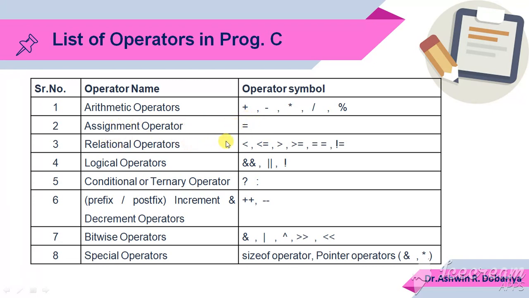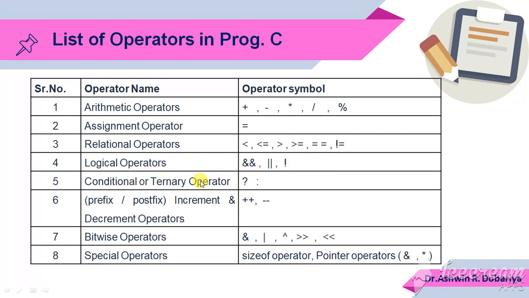Then the relational operators, less than, greater than, equal to, all check the relationship between two operands or two variables. Then the logical operators, and, or and not. These logical operators are generally used whenever we want to check multiple conditions in conditional statements.